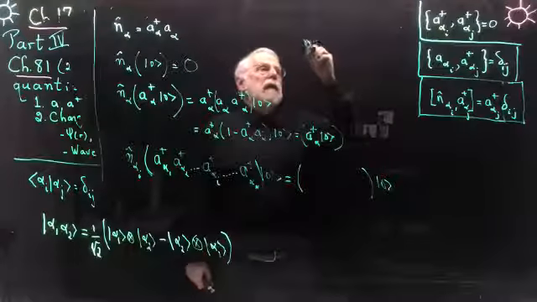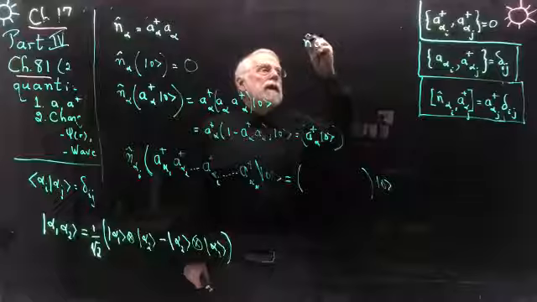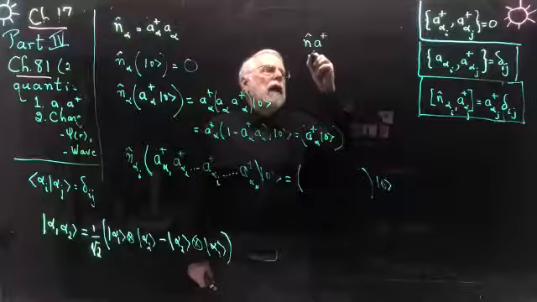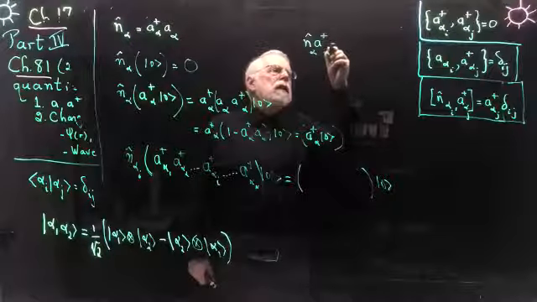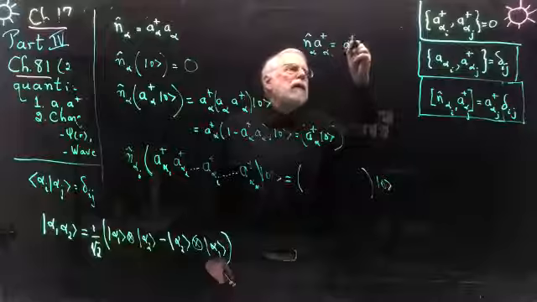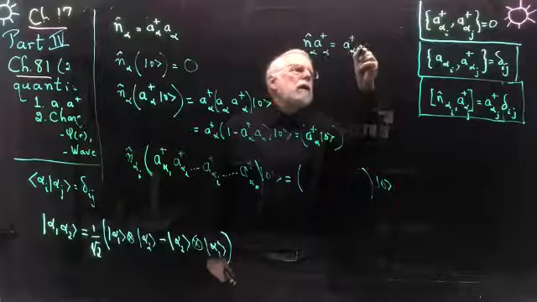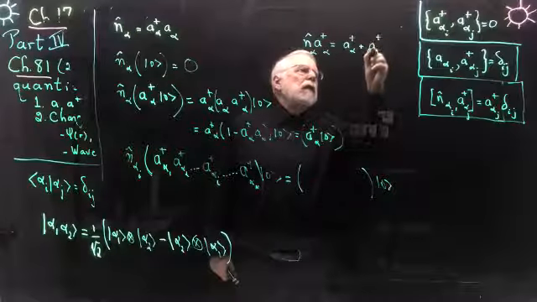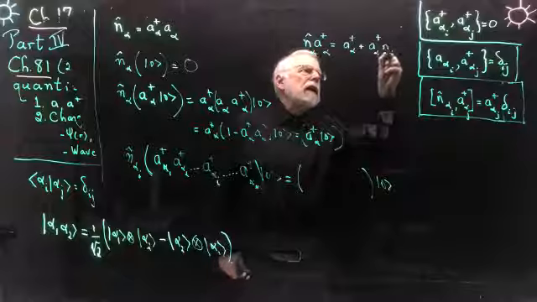So N A dagger alpha is equal to A dagger alpha plus A dagger alpha N alpha.